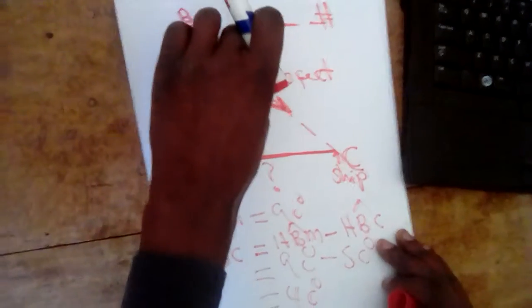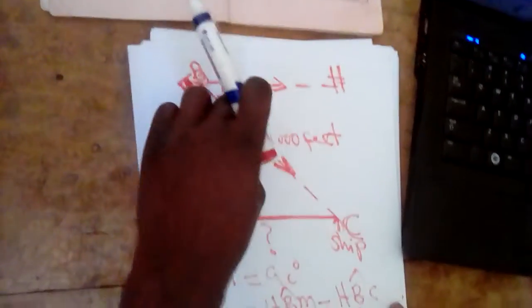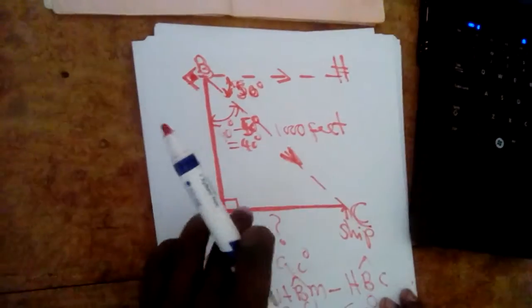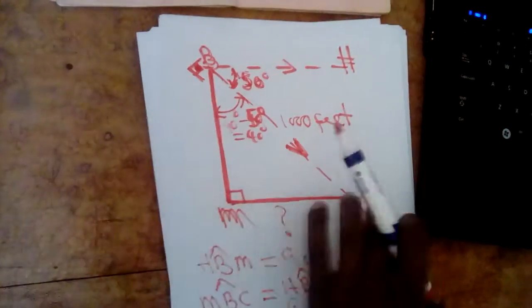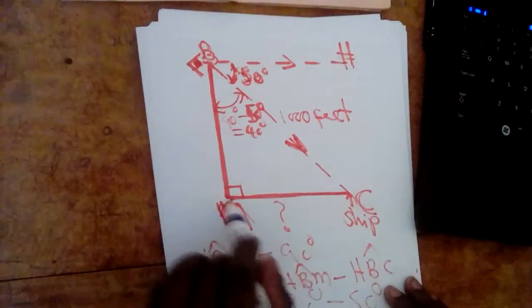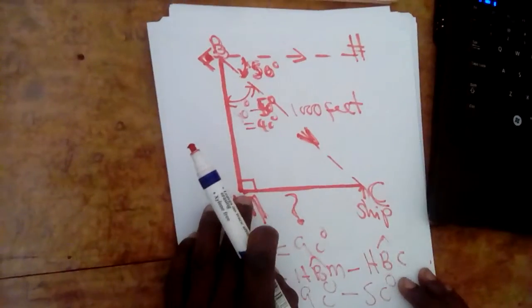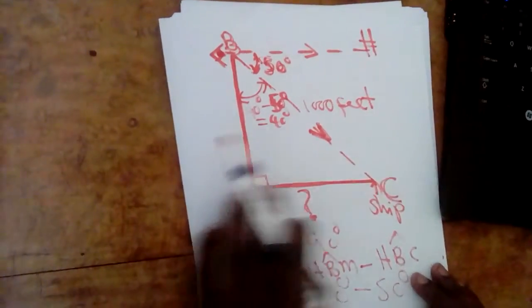Once you get this angle, you need to find this angle, which is an interior angle of this triangle. You may call it triangle MBC. It is this triangle that we are going to use to find this distance MC, which is the distance from below the aircraft to the ship.